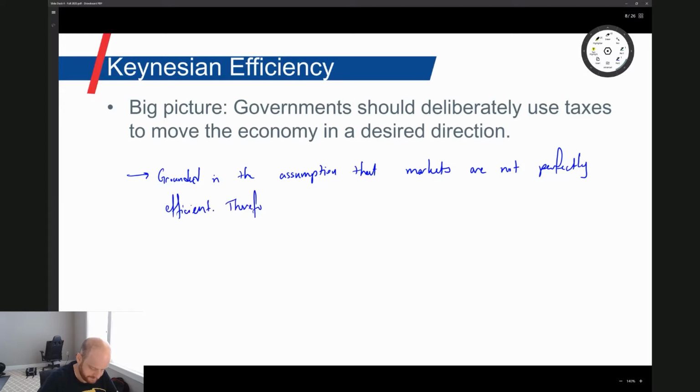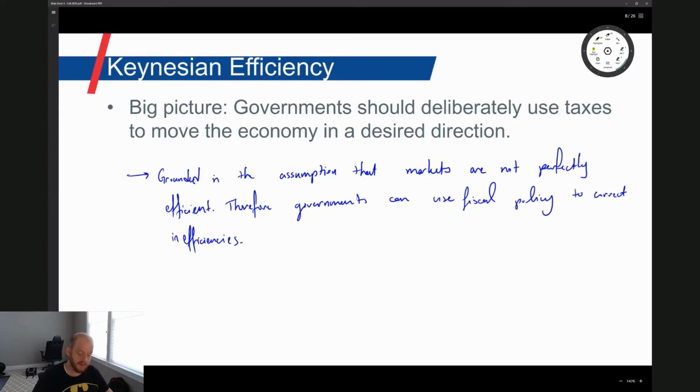Therefore, governments can use fiscal policy to correct inefficiencies, right?